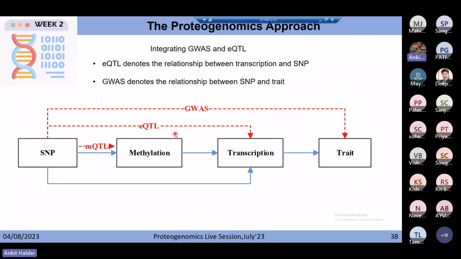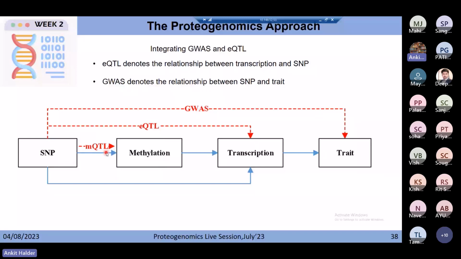Whatever SNPs and whatever traits we are seeing, we say genotype to phenotype trait, but in between come intermediate steps that we study using epigenetics and epigenomic characteristics, like the DNA methylation level and protein-DNA interactions. The effect on the methylation level due to a particular SNP is your methylation quantitative trait loci. So this gives us an effect.